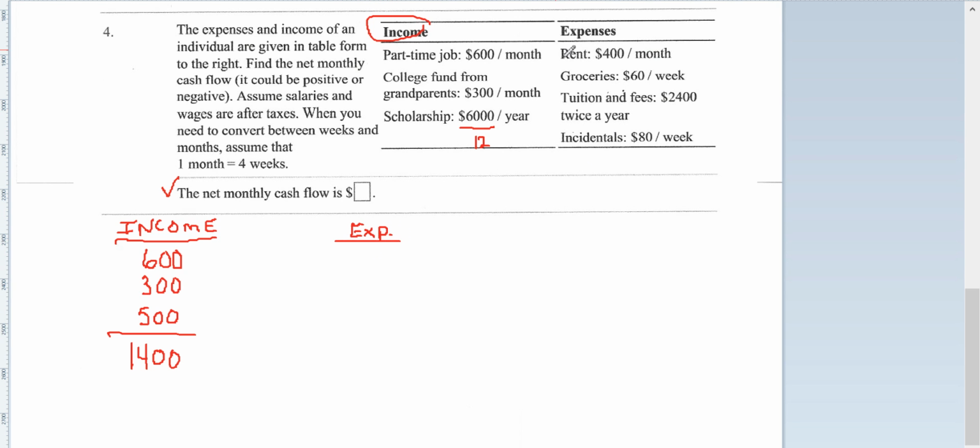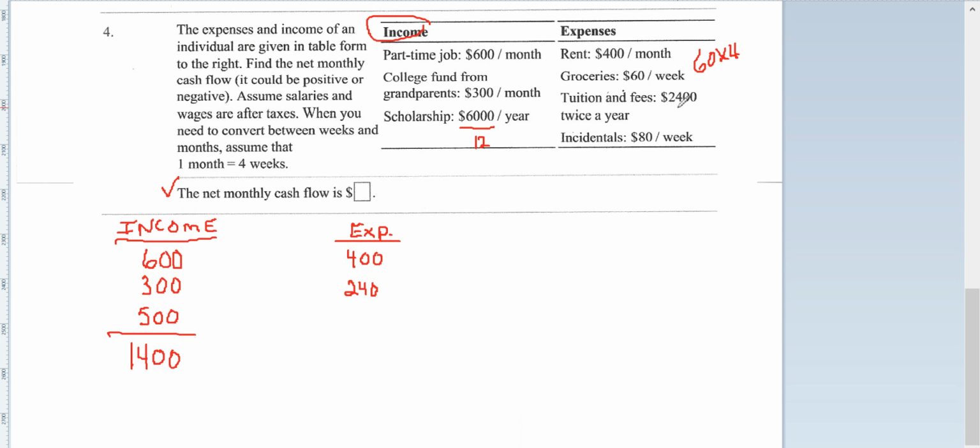Expenses: rent is $400 a month. Groceries, $60 a week, and our conversion here is 1 month equals 4 weeks. So it's going to be 60 times 4, which is $240 per month.